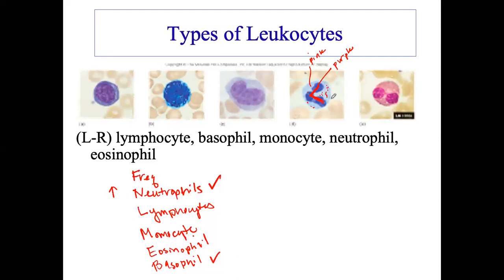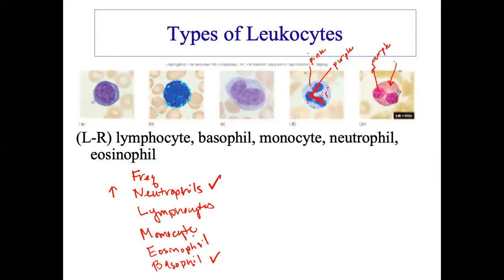Let's look at the other granulocytes. So the eosinophil is the other granulocyte, and they're rare. These guys pick up the eosin stain, so they're called eosinophils because they love that eosin acidic stain. These guys kind of look like aliens. So if you see them in lab under the microscope, you'll see a dark purple nucleus.